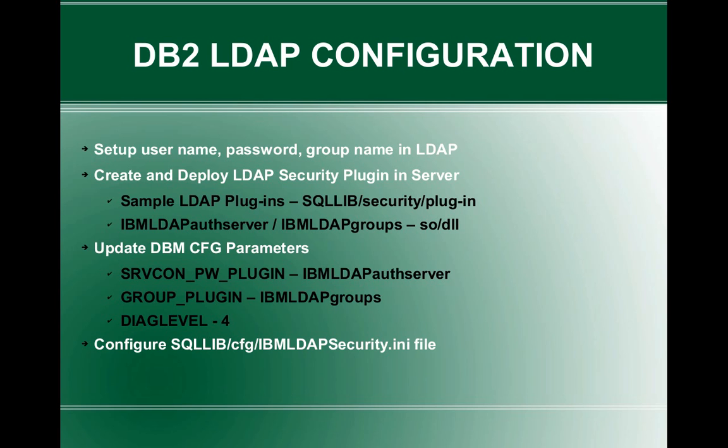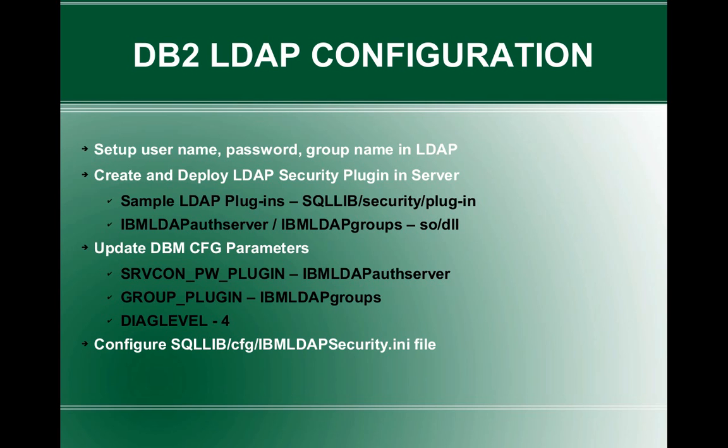The location of the directory is the sqllib security plugin directory. You will have the LDAP sample plugins available, so we'll use that. The names of the plugins are IBMLDAPauthserver for the user ID and authentication, and IBMLDAPgroups for the group lookup portion. It will be an SO file on Unix machines and a DLL on Windows machines.